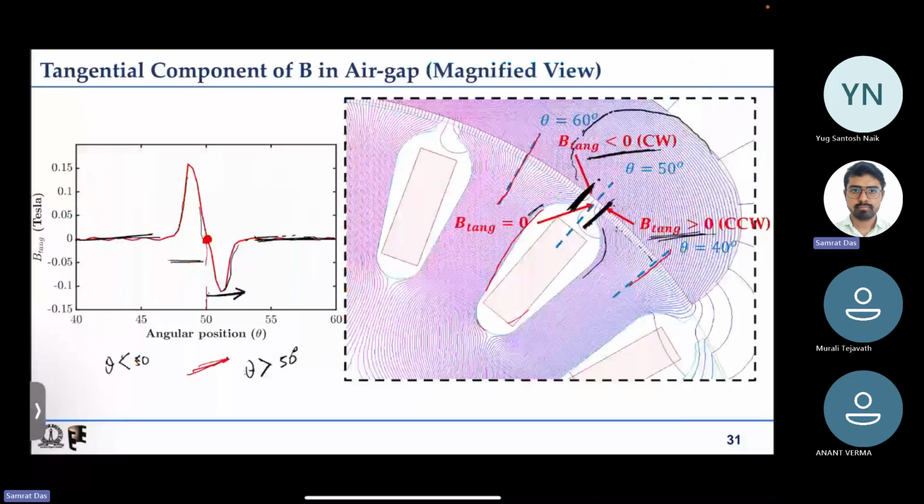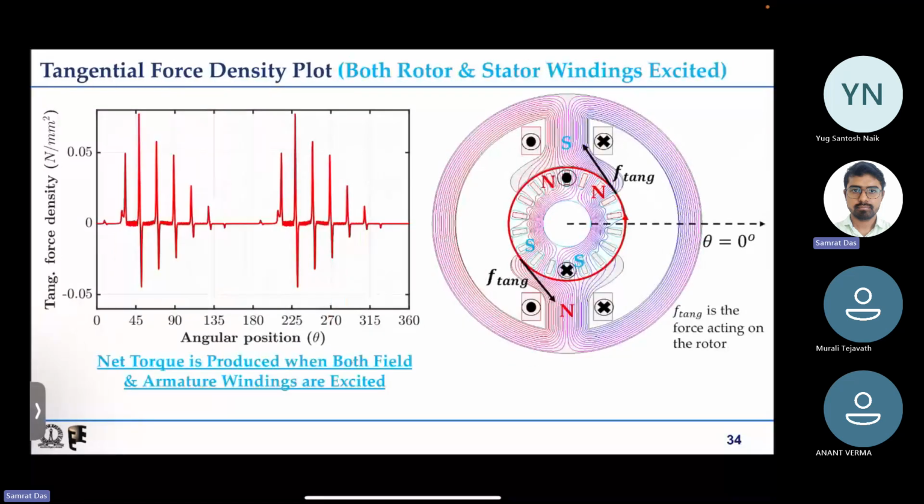But if you look at the case where both these windings are excited, now you can see that the notches are dominantly positive all over, and here also you have dominantly positive notches. So you have some net average tangential force that will cause torque production. But it is not like you have only two forces acting on two diametrically opposite points and producing the torque.